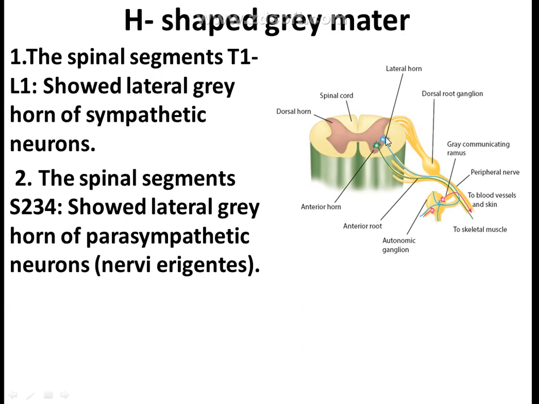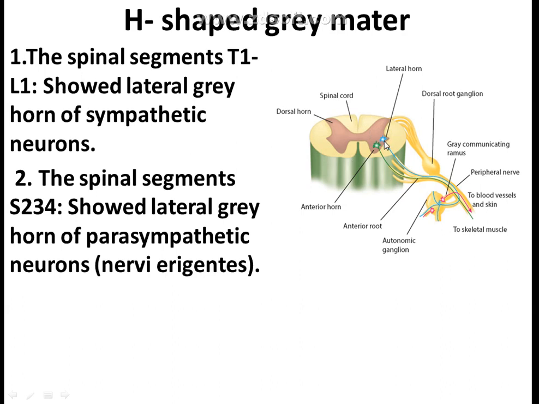The function of the lateral horn is autonomic function, containing neurons of origin of the sympathetic function in segments from T1 to L1.